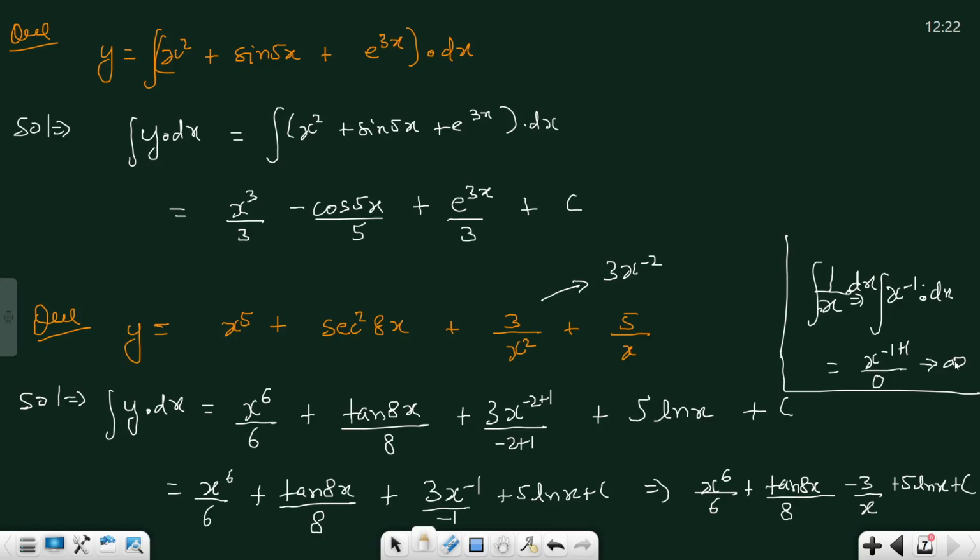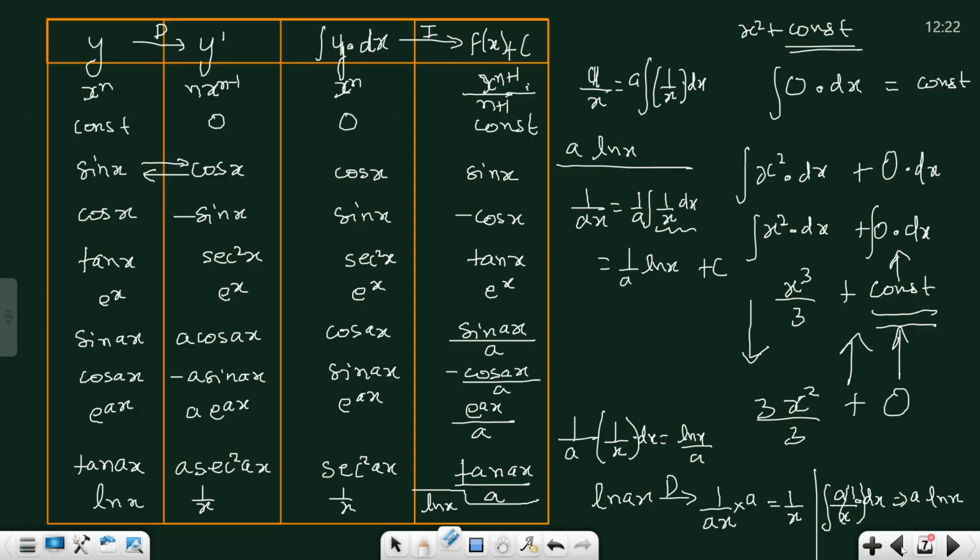So other than 0, if there is any value, suppose 10 is there, when you integrate 10, you will get 10x.